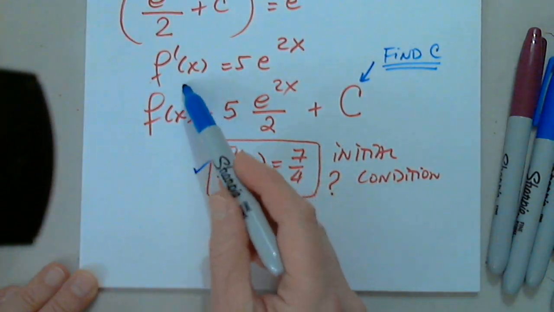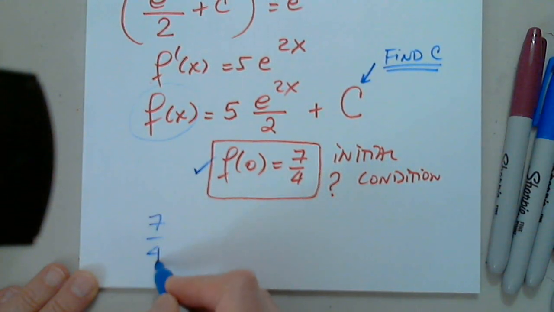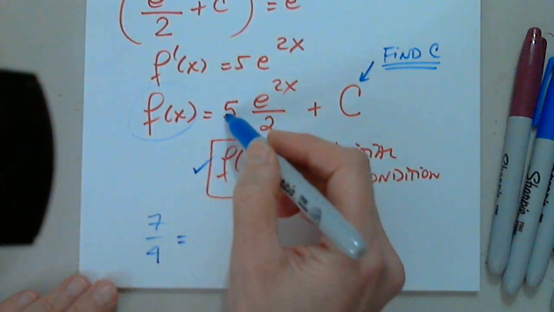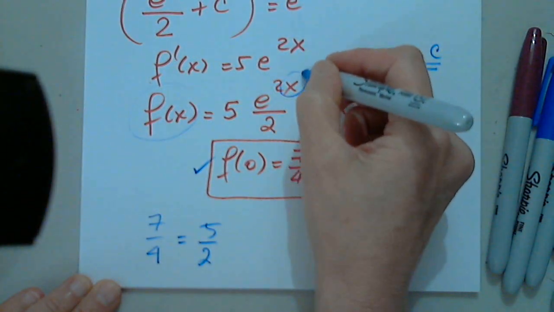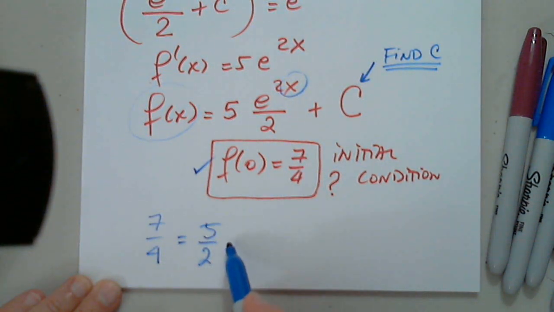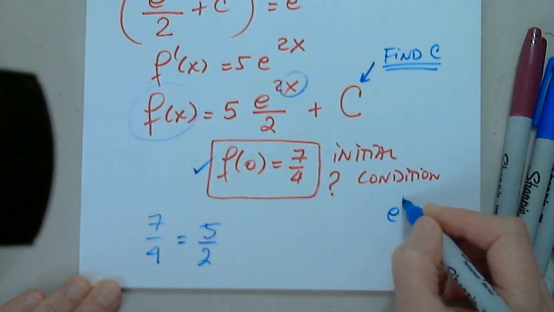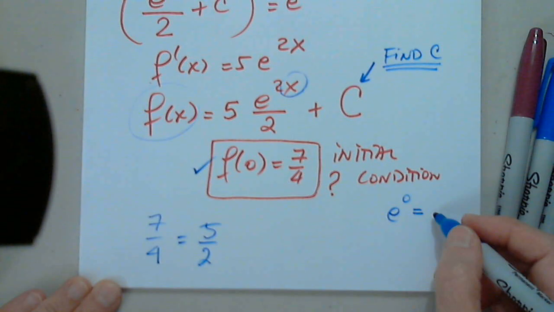So, f of 0 is 7/4. So 7/4 equals 5/2. When I plug in 0 here, how much is e to 0? E to 0 is, anyone?